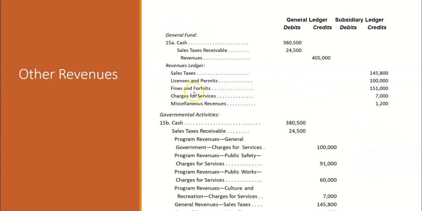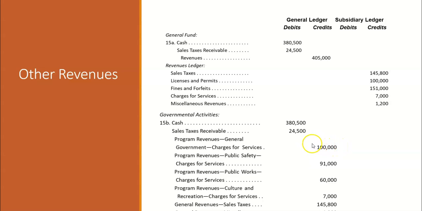So in the general fund, we record that we've received those revenues and what those revenues are for within the revenues ledger. Within the governmental activities, we then put those appropriate amounts into the funds in which they belong. Here you can see we have licenses and permits, but here we're looking at general government charges for services.